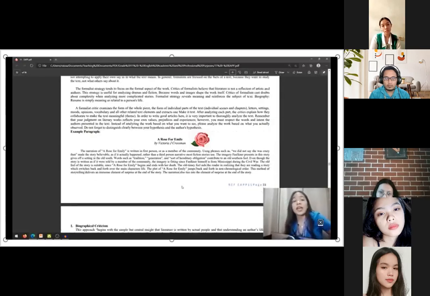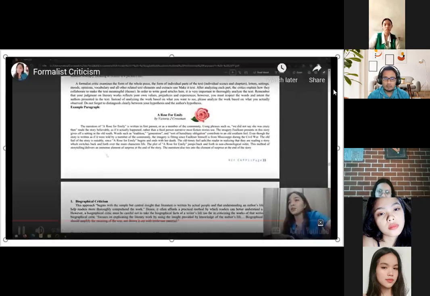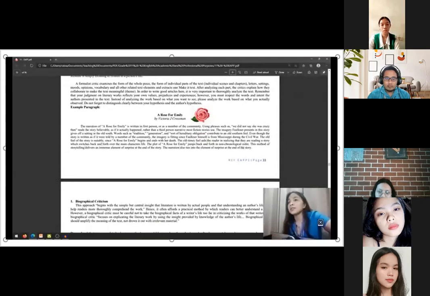Okay, so we actually have here an example of formalist criticism, from the novel A Rose for Emily by Victoria J. Crossman. This is an example of a formalist criticism.